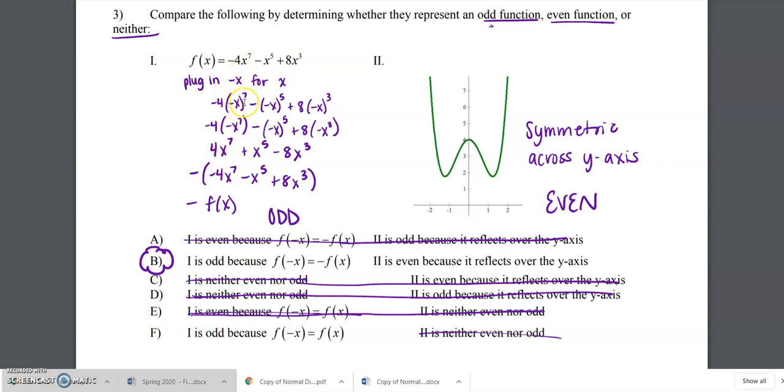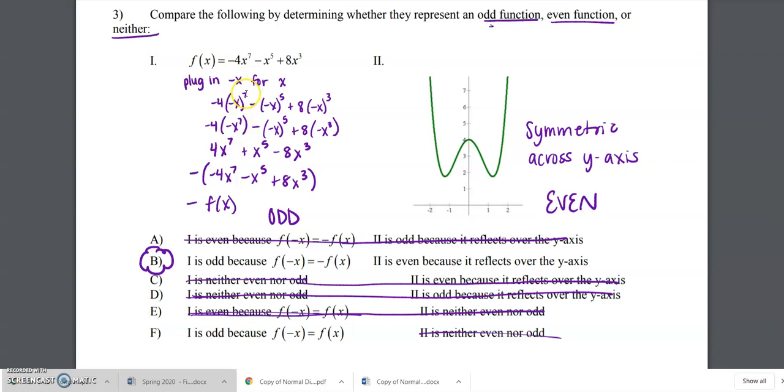Remember your laws of exponents: if you have an odd exponent and you're raising a negative variable to it, the result will remain negative.